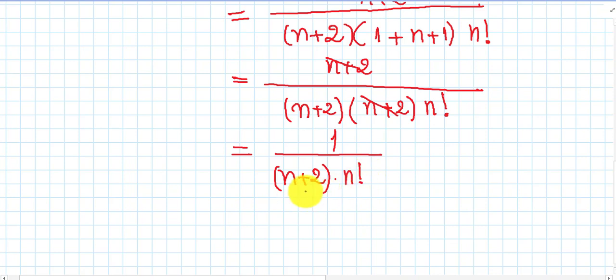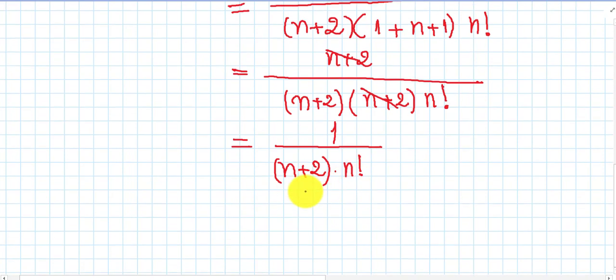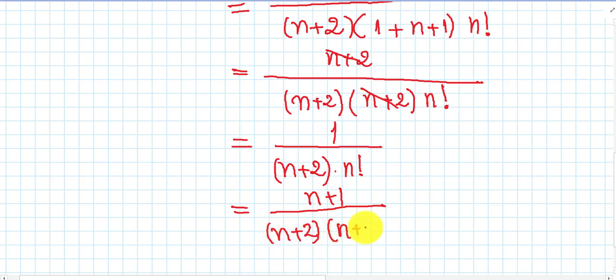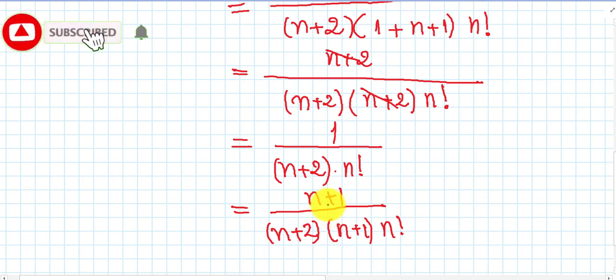And then I can write n plus 1 over n plus 2 times n plus 1 times n factorial. You see, it is n plus 1. We simplify with n plus 1 and we get the expression like before.